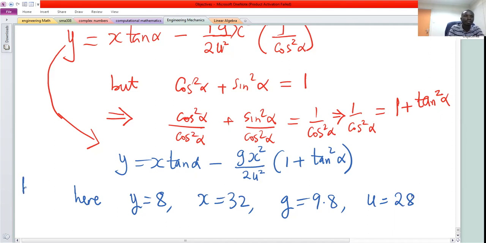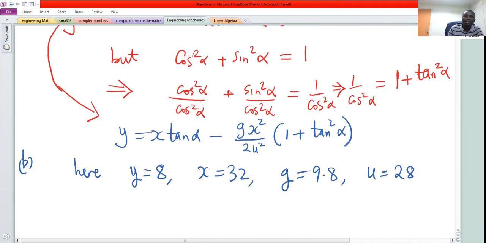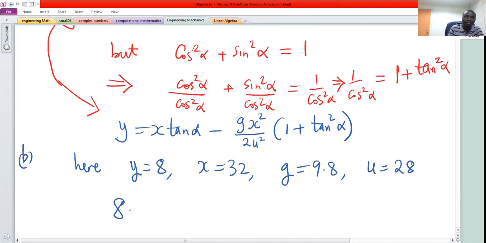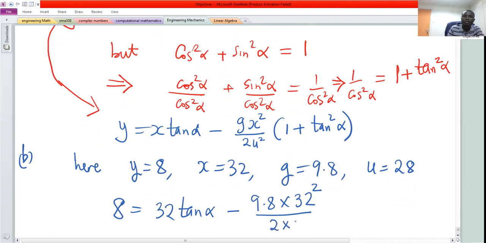So this is part B. So replacing these values in the equation, we'll have 8 equals to 32 tan of alpha minus G is 9.8 times 32 squared divided by 2 U is 28 squared into 1 plus tan squared alpha.